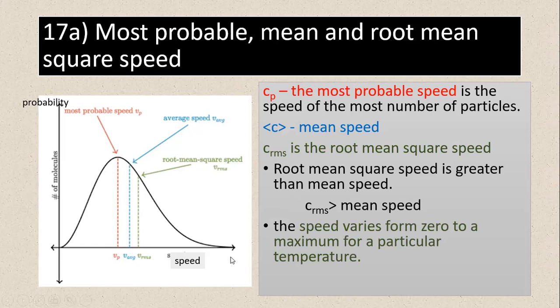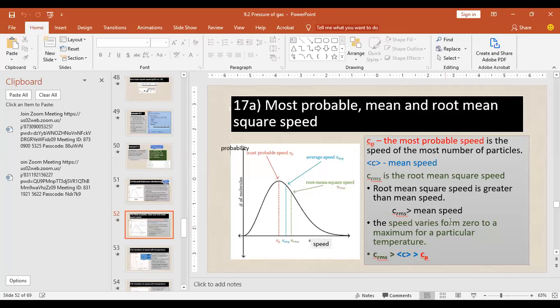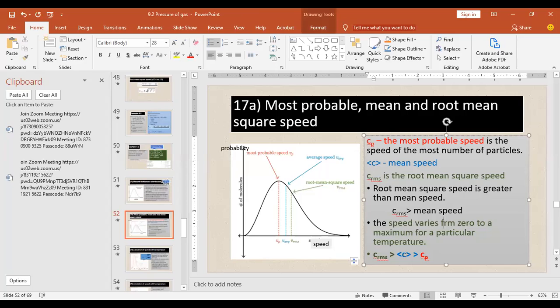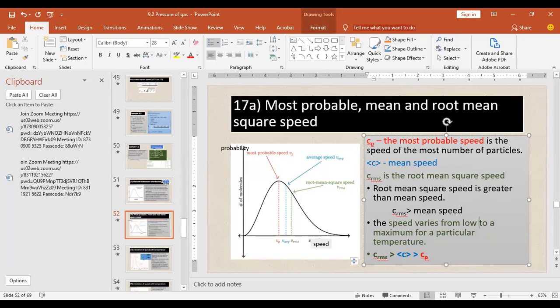Speed varies from 0 to a maximum. So that is not 0. Okay, I'm very careless. Not 0 speed. From low to maximum speed. It will always have a value, cannot be 0.